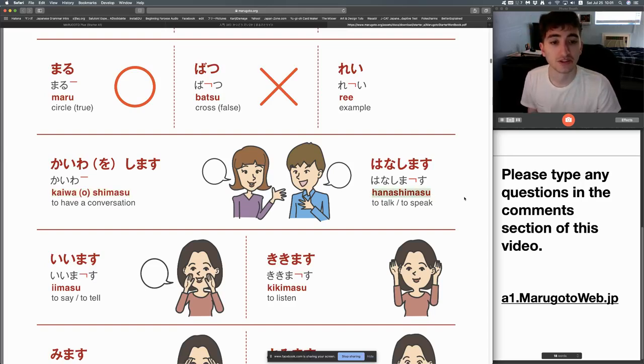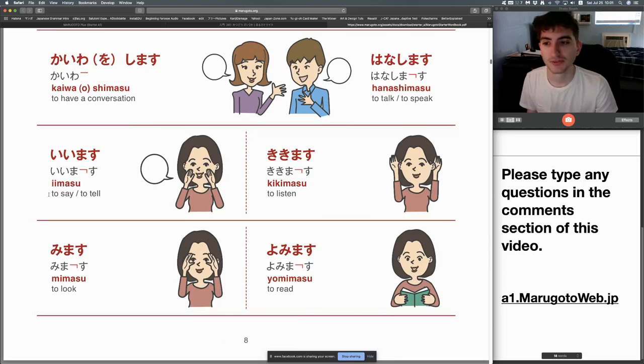The verb meaning to talk or to speak. 話します. Right? They are talking. The verb to say or to tell, 言います. Right?